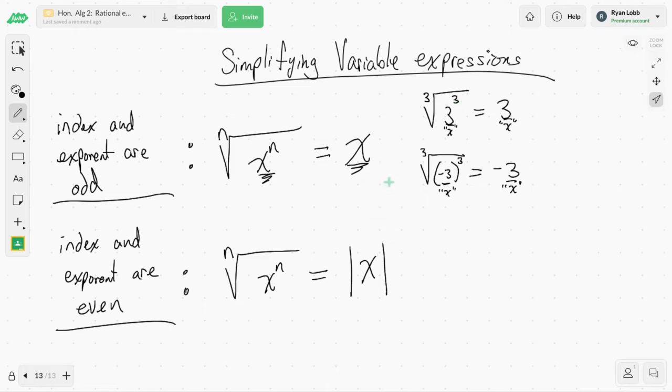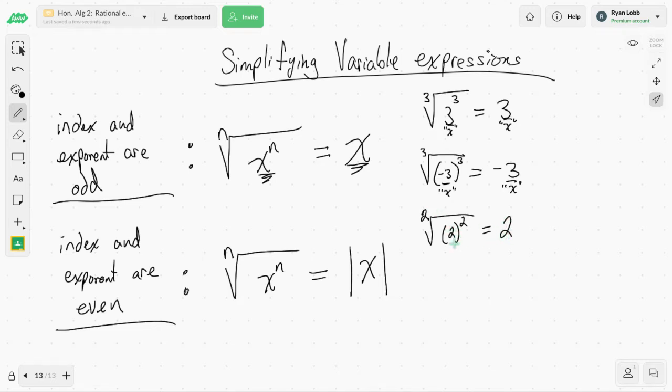But over here, what happens? Suppose we thought it was x, and we'll keep it simple. What's the square root of 2 squared? 2 squared is 4, and the square root of 4 is 2.